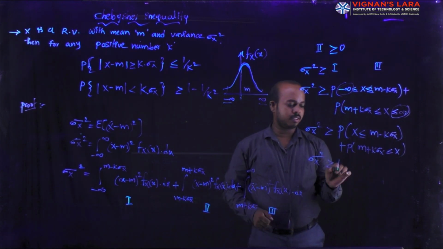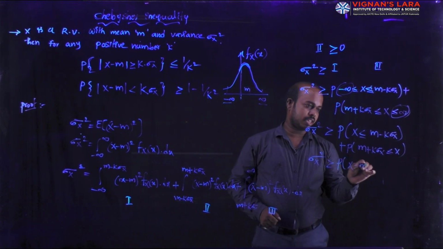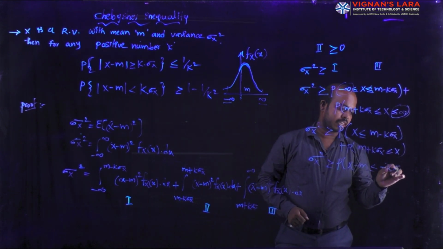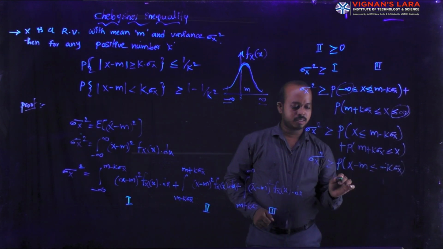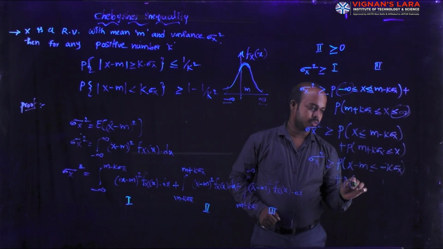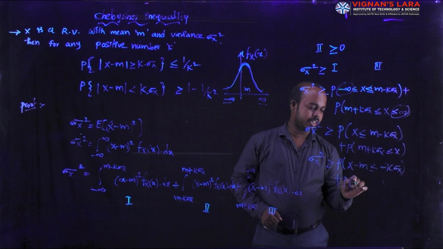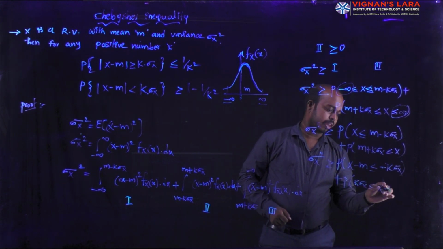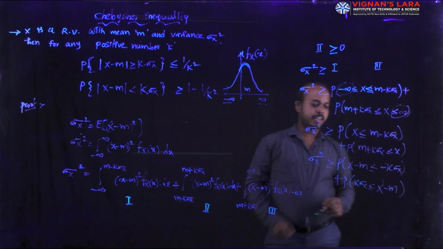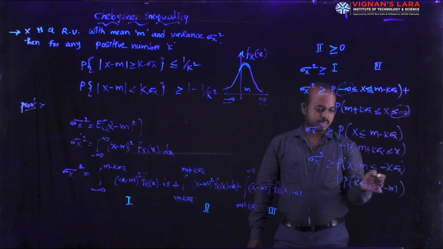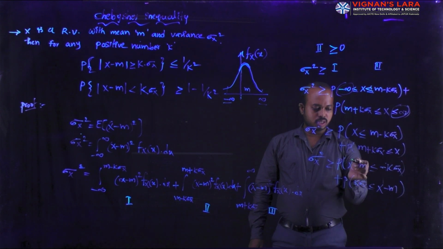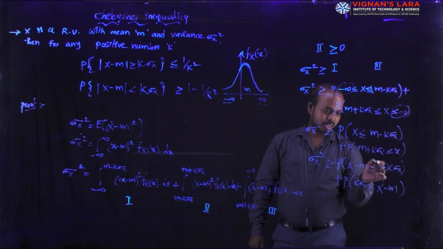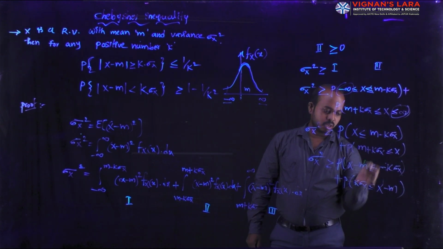That's why I write the probability of x minus m less than or equal to minus k sigma_X, plus the probability of k sigma_X less than or equal to x minus m. We change the sign to minus and the comparison operator changes to greater than or equal.